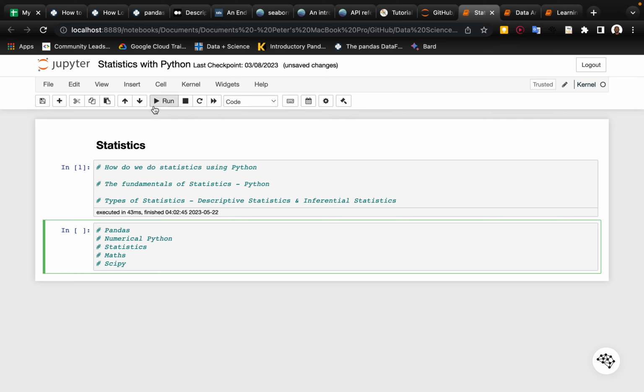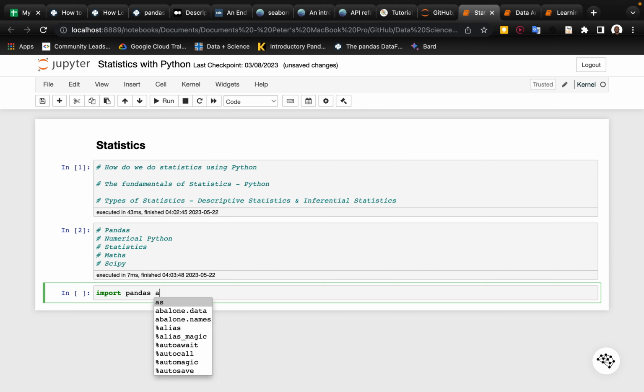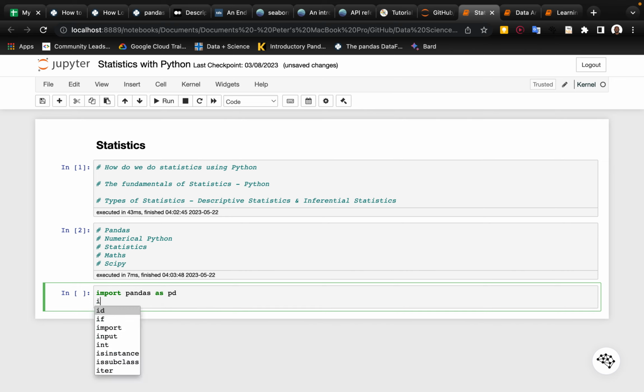Obviously, we are going to look at data sets again. We'll definitely import pandas, but now we're going to be seeing a lot of imports. We're going to import pandas as pd.